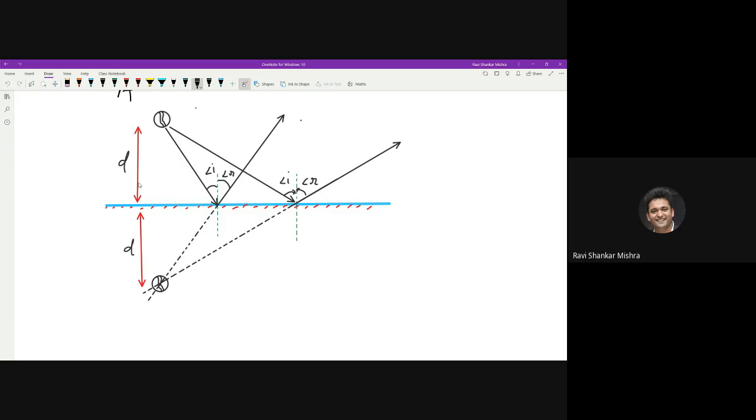I want you to draw this diagram yourself. This diagram should not be copied. It should not be taken as a screenshot, that will not help, right? Unless you draw this yourself right now in your notebook without looking at the screen, you will learn.